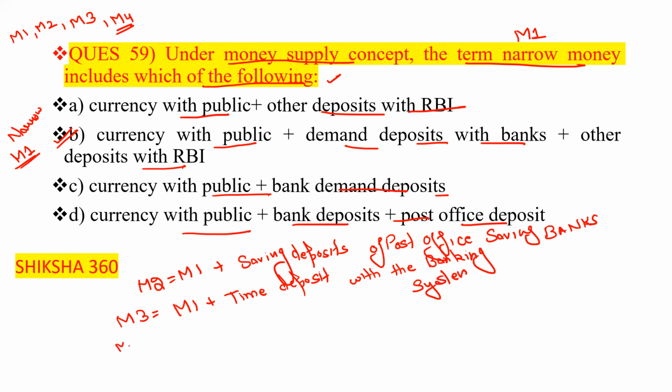Last one is M4. M4 is equal to M3 plus all deposits with the post office saving banks. This one is M2, M3, M4.